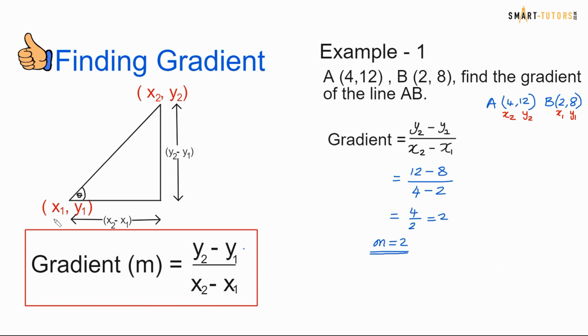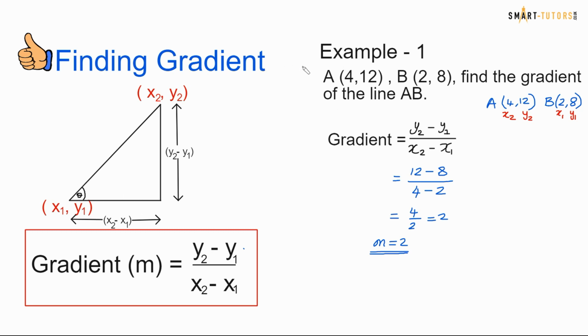If you name the first coordinate x1, y1 and the second coordinate x2, y2, the difference of y coordinate is y2 minus y1 divided by difference of x coordinate x2 minus x1. You need to remember this equation: gradient equals difference of y divided by difference of x. Gradient is the slope of a line.